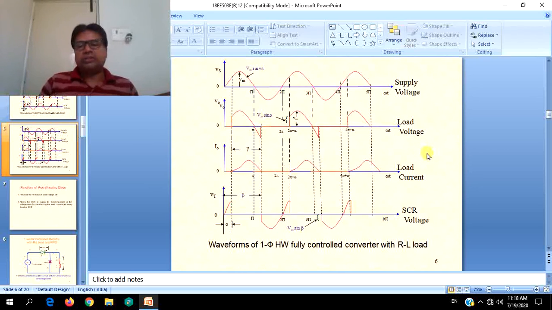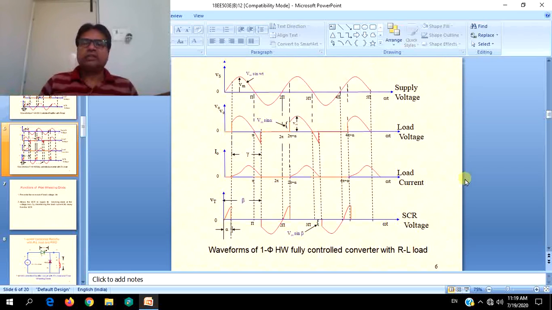Because of that, losses will be more and efficiency decreases. Most importantly, discontinuity will be there, and also the load voltage is negative and load current is positive in this region. So these are the problems with RL load when supplied with a single phase half wave rectified supply.